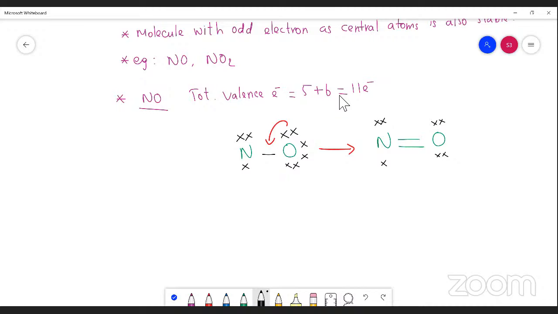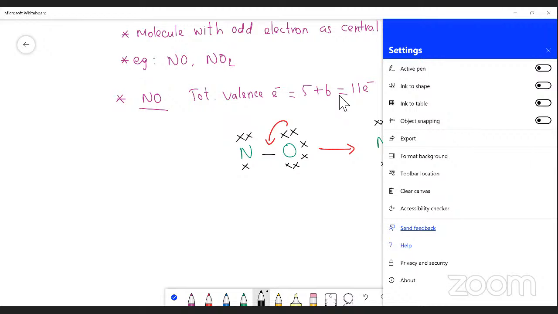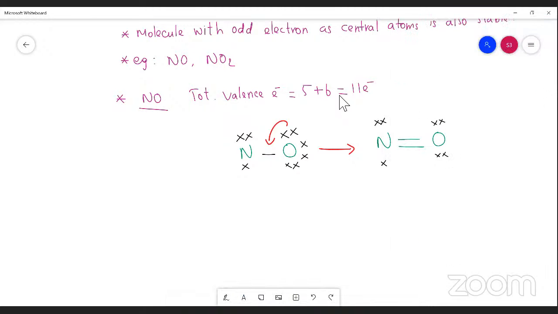Oxygen is getting an octet with 8 electrons.